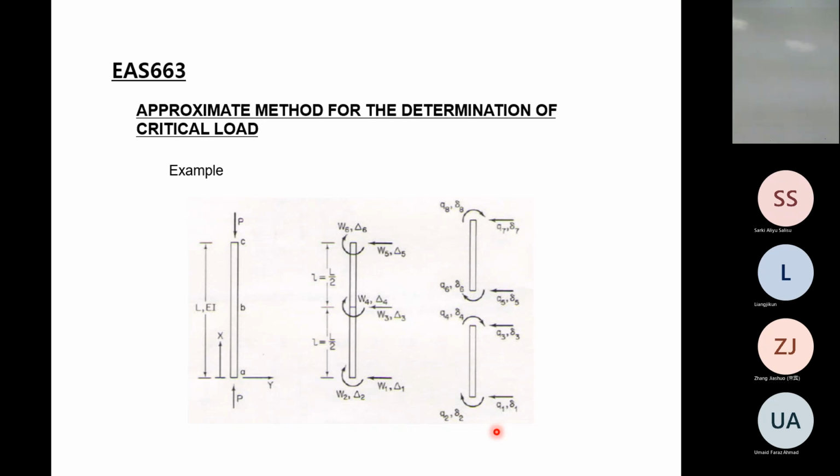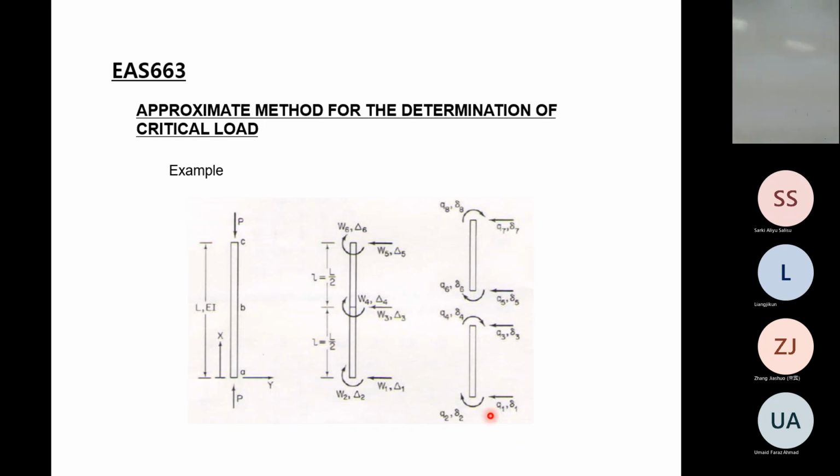Now, the basic procedure here is to form the element stiffness equations one by one. You call this element 1, you call this element 2. And for each element, you need to name it so that you can go in a systematic way, especially deciding which end is your starting end for element 1 and which is your ending end.